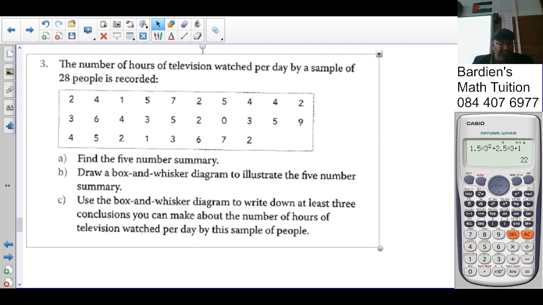Oh, there's no 5, 3 and 4. 3 and 4, no? Don't come tomorrow and say there was no 5, so you couldn't do the homework. It's 3 and 4, okay.